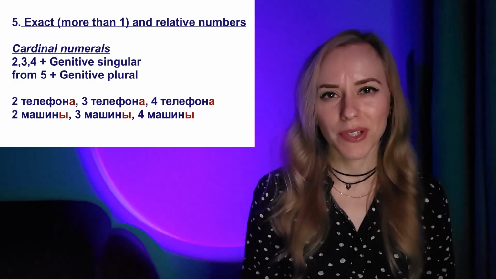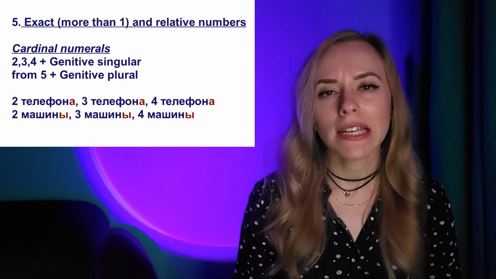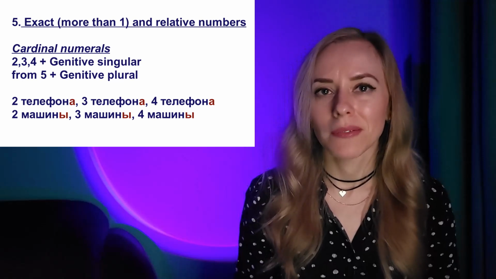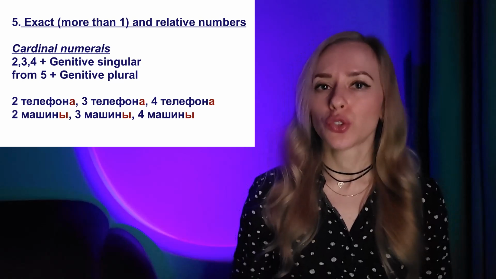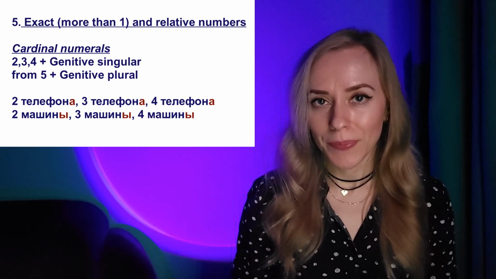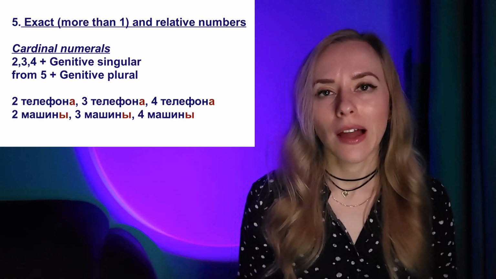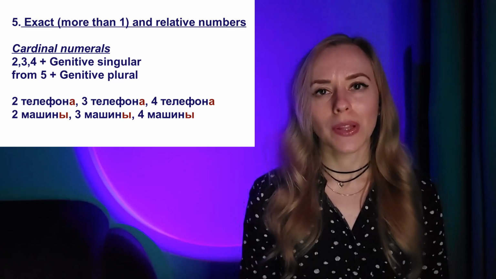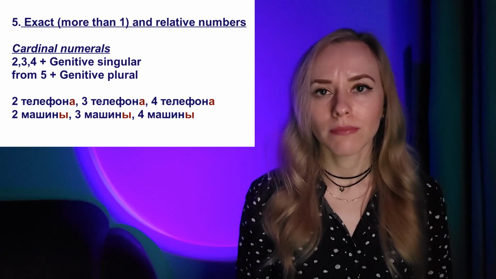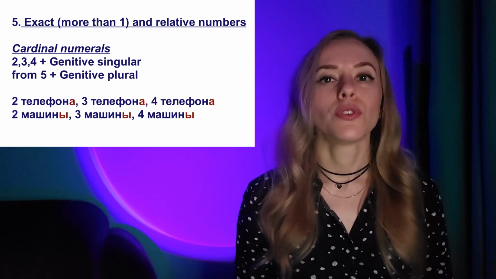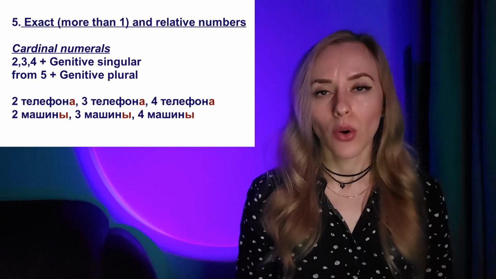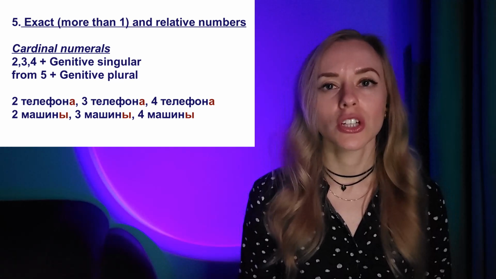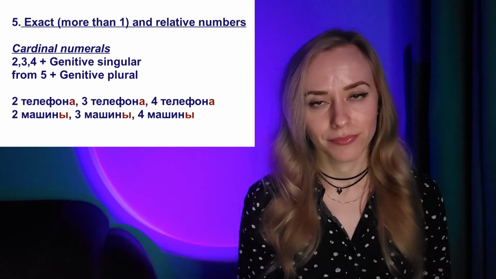The cardinal numbers. We use the genitive case also with numbers. But here there is some moment. If you use 2, 3 or 4, you should change the ending according to the singular form of nouns. For example, 2 телефона, 3 телефона, 4 телефона. Or for feminine, 2 машины, 3 машины, 4 машины.